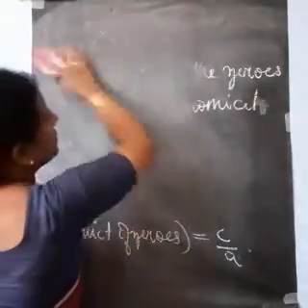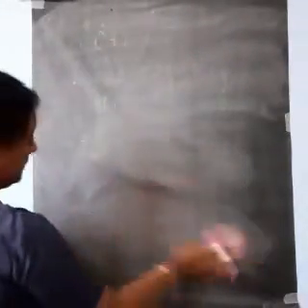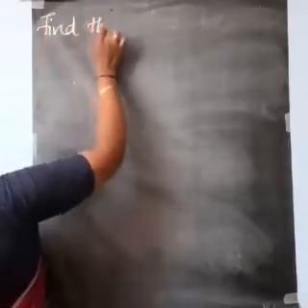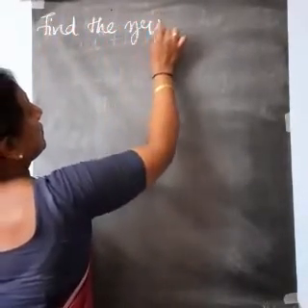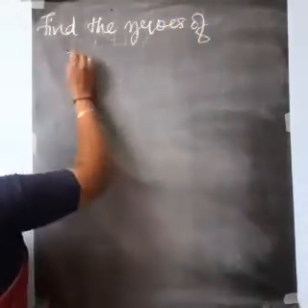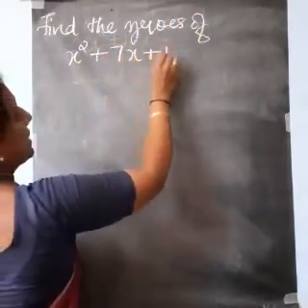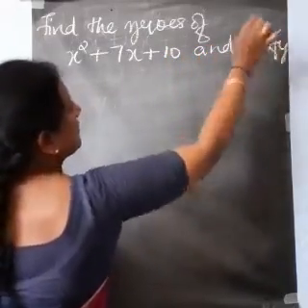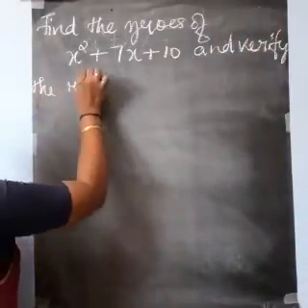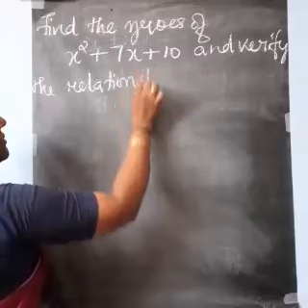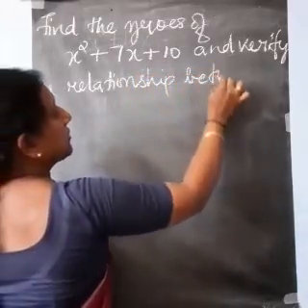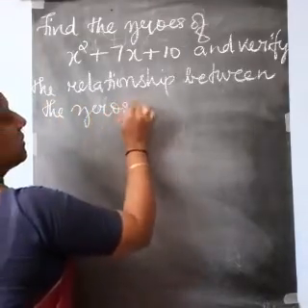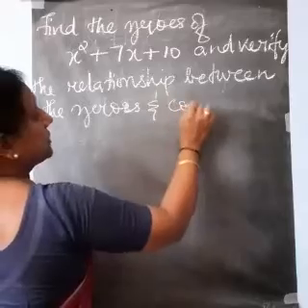Supposing we have a sum given: find the zeros of x squared plus 7x plus 10 and verify the relationship between the zeros and coefficients.